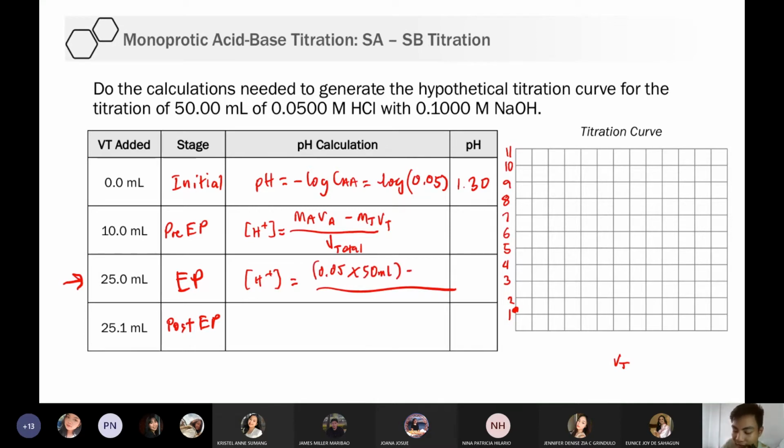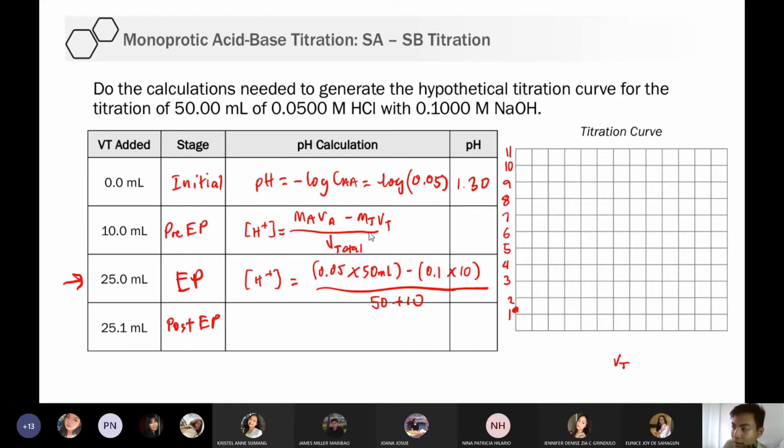Minus, molarity ng titrant, 0.1 times, anong volume na to? 10 ml. Okay, so 10 ml. Divided by the total volume. Ano na yung total volume mo sa Erlenmeyer flask? You have 50 ml from your analyte plus 10 ml from your titrant. So, 50 plus 10.